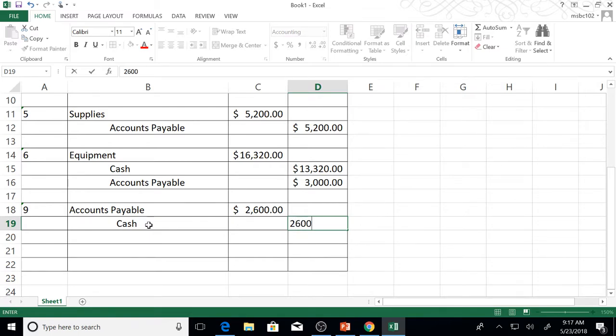So I go to the T account now. The cash is credited by 2,600. And accounts payable is going to be on the left side this time, 2,600.